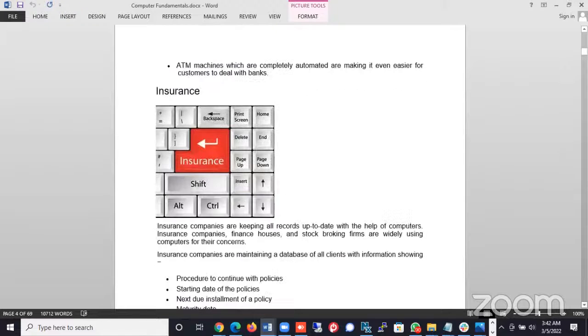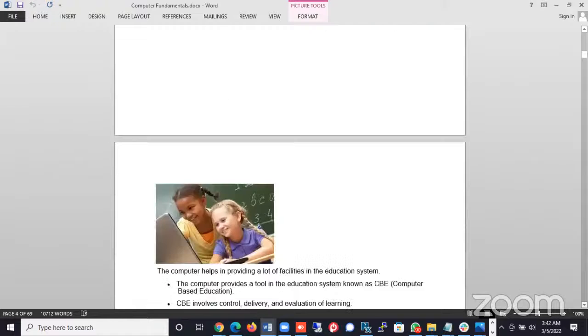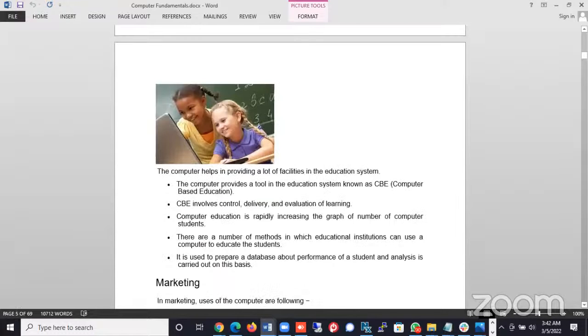In education, these days the computer has become a major part of education. Throughout this pandemic, some people have had the ability to work from home using the computer. In the schooling system, the computer has become a major key.